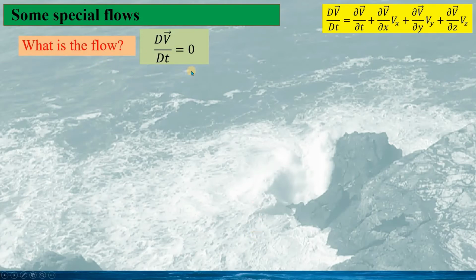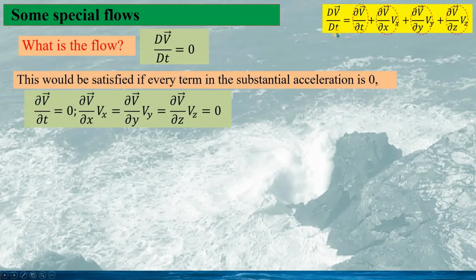However, for the substantial acceleration, if it is zero, what is the flow? So based on the expression, if each term in the substantial acceleration is zero here, then the substantial acceleration of the flow is zero.